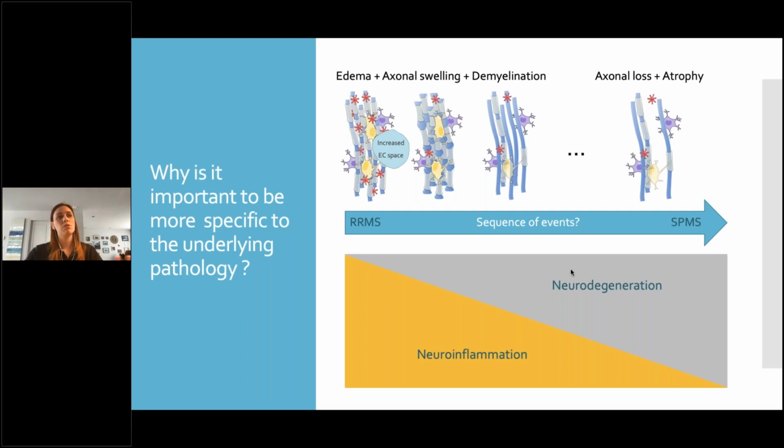We know that in relapsing remitting MS, neuroinflammation will be predominant in the first years of the disease, and eventually neurodegeneration will become more important and inflammation will subside. In our study, we have indicators of edema, axonal swelling, and demyelination. Axonal loss and atrophy will occur later in the natural history of the disease in the secondary progressive phase.